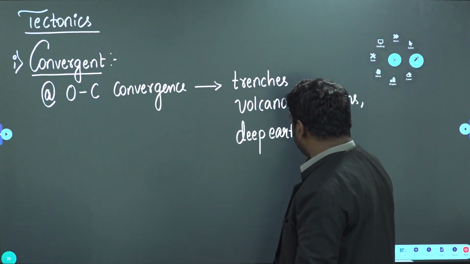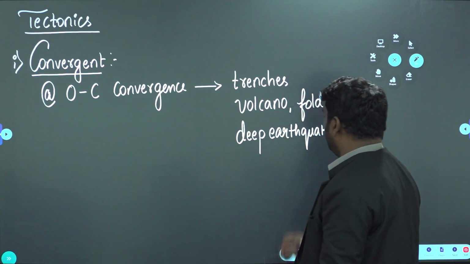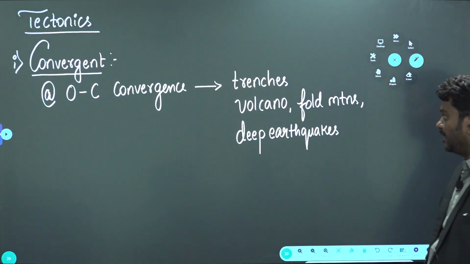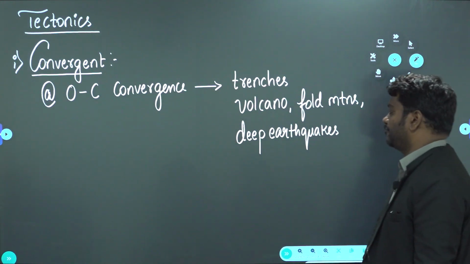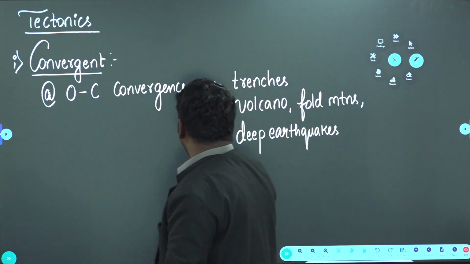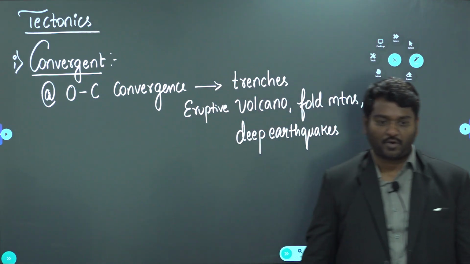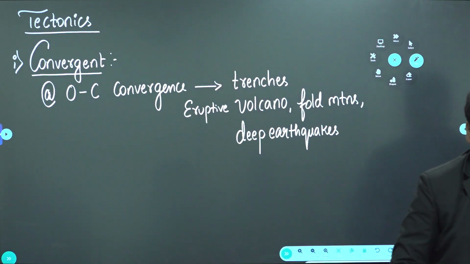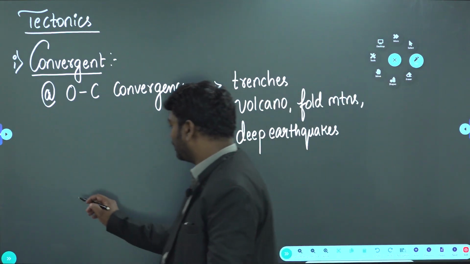Deep earthquakes are found, guys. Where trenches are there, deep earthquakes will be there. Volcano is also eruptive volcano. Divergent boundary will have quiet volcano. Convergent boundary will have eruptive volcano or explosive volcano.